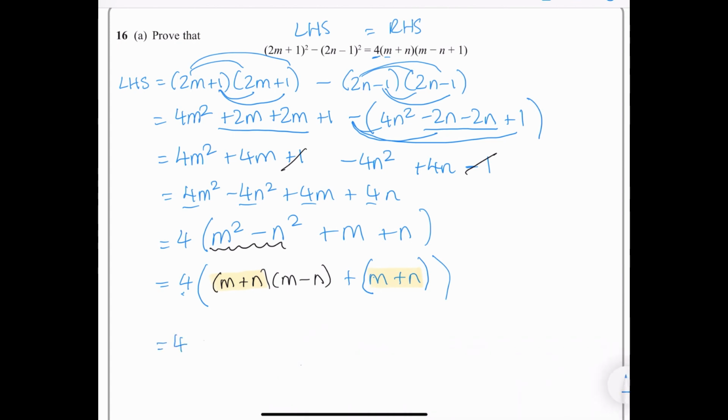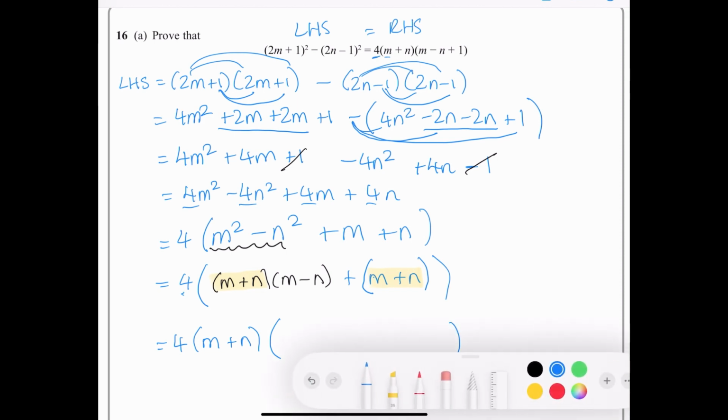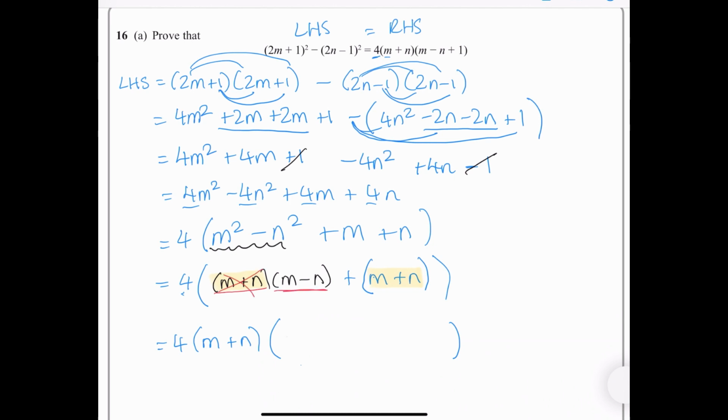What would I end up with? 4, factorize the m plus n out. What am I left with now once I've factorized it? Taking out the m plus n from there, what am I left with on this side? It's just m minus n. I'm just using brackets for now so you can see what I'm doing. This has been all factorized, but it's not like I've got nothing there. I would have a 1 left over like that.